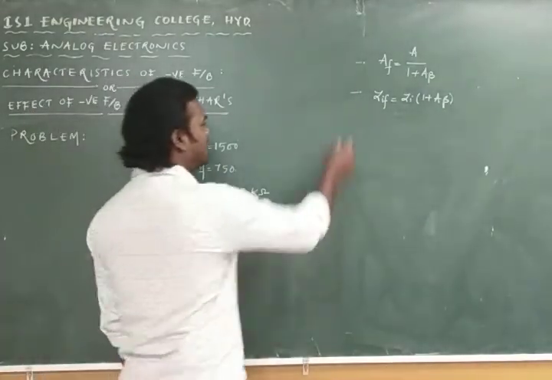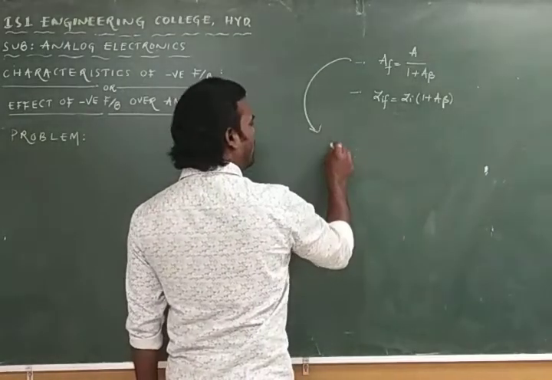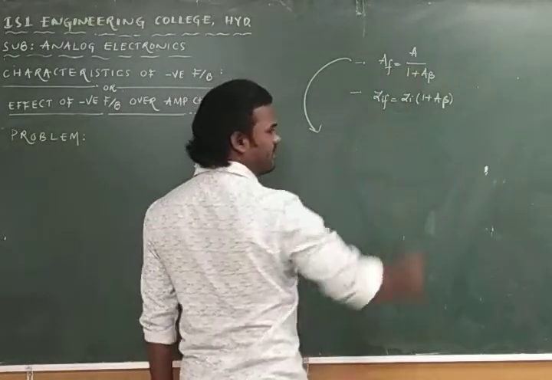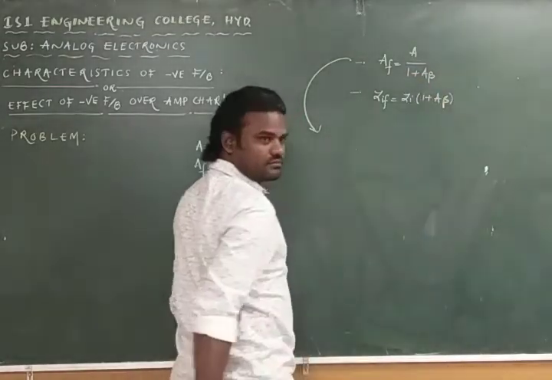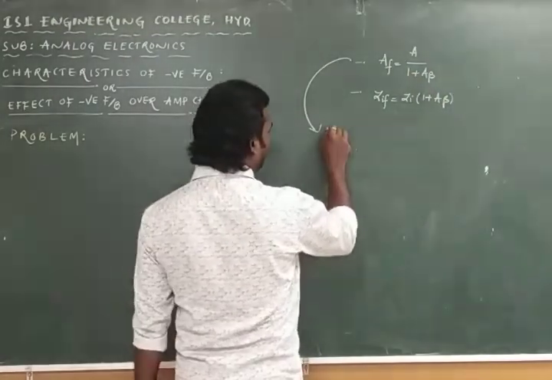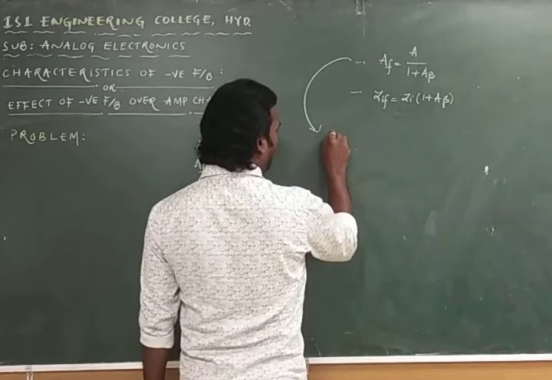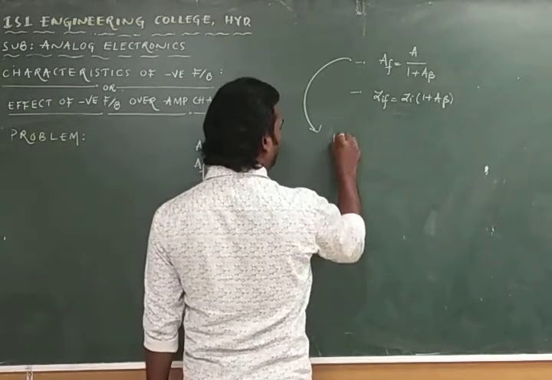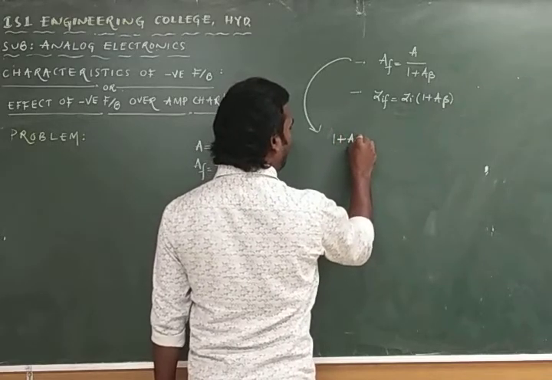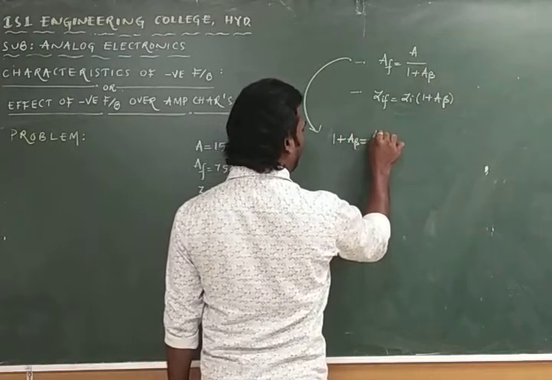So I am taking the first equation now. AF equals A by 1 plus A beta. From that, we have to calculate beta. I can cross multiply: 1 plus A beta equals A by AF.